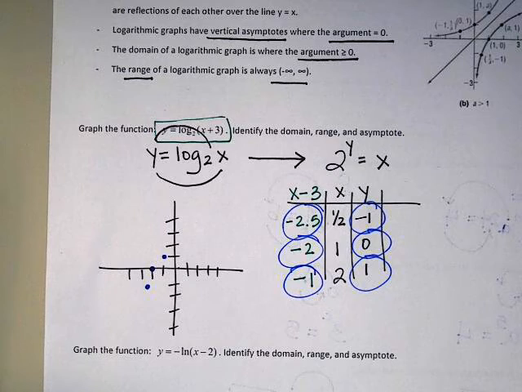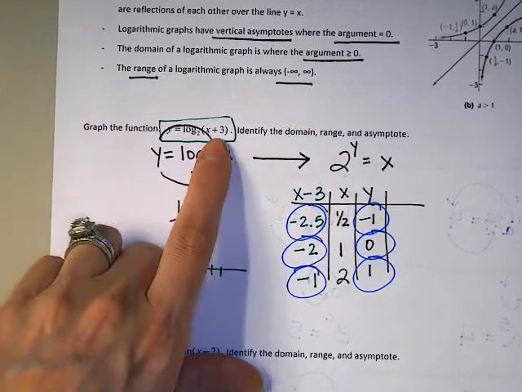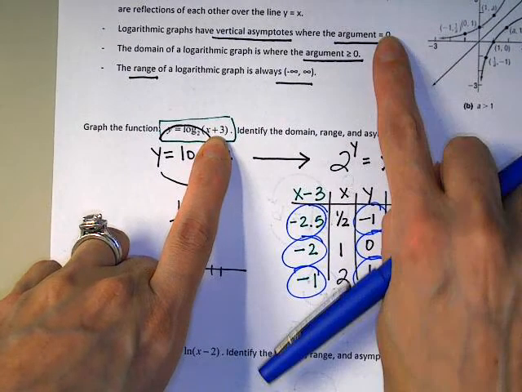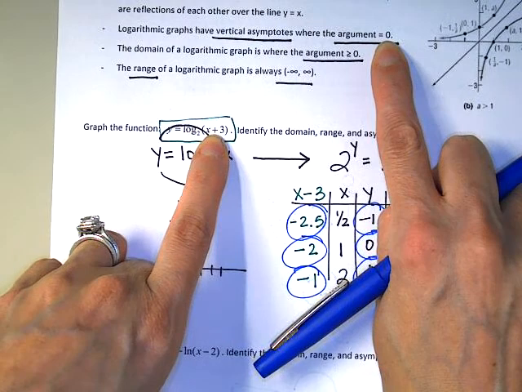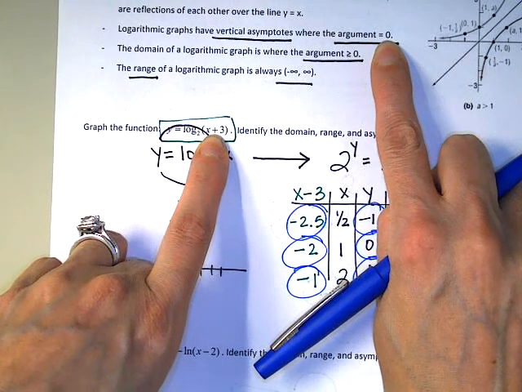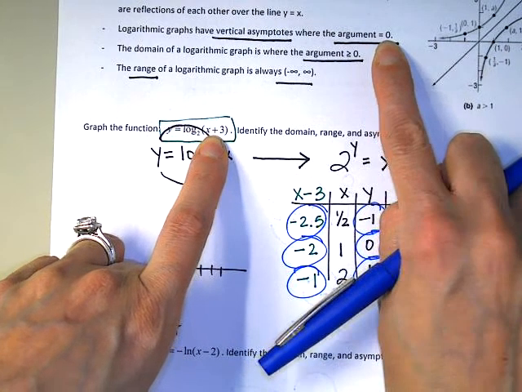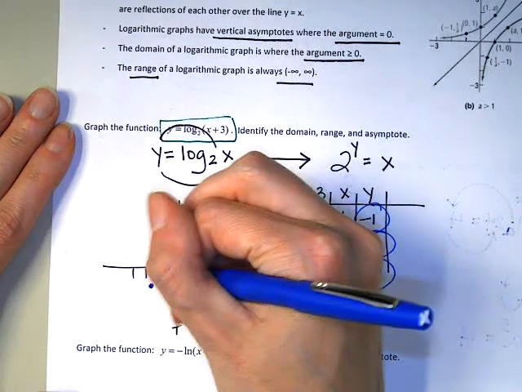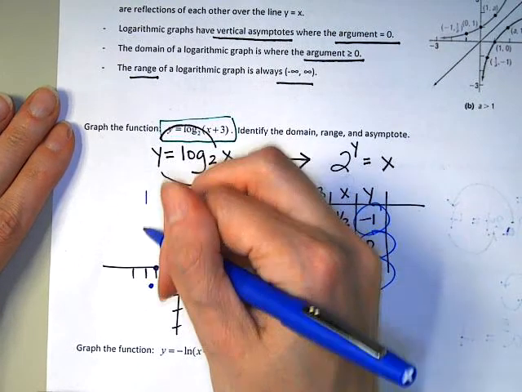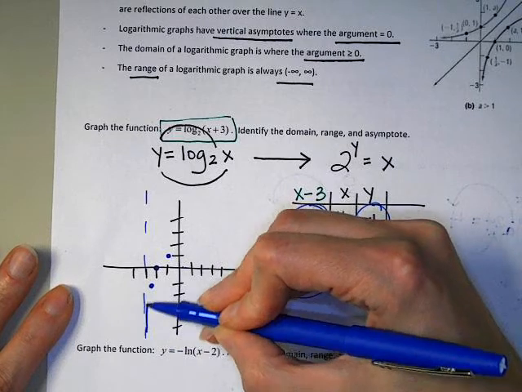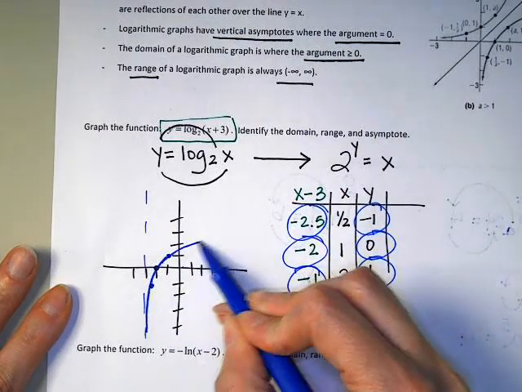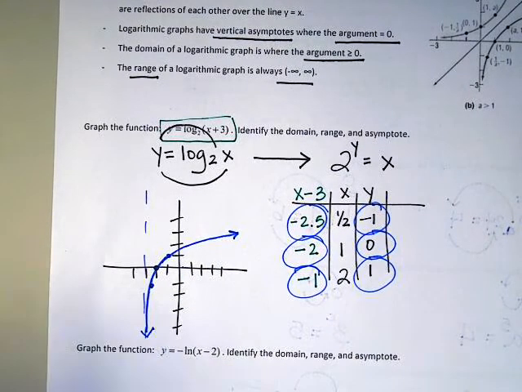Here's another thing. The asymptote is always what you get when you set this equal to 0. So if you set x plus 3 equal to 0, that means we have a vertical asymptote at x equals -3. So at -3, I'm going to make our vertical asymptote, and that will help you sketch the log graph. It looks like a boomerang.